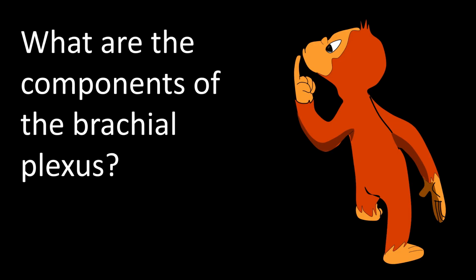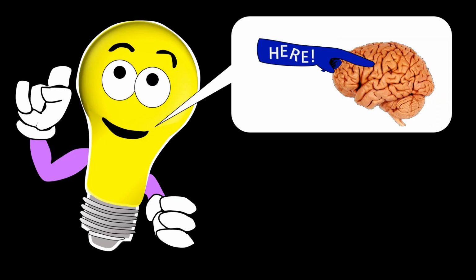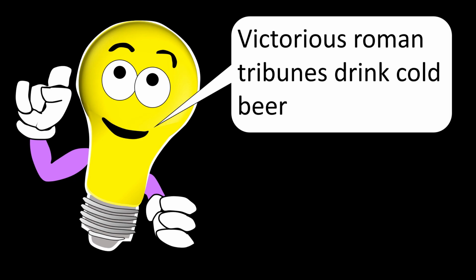The fifth question is, what are the components or elements of the brachial plexus? To remember the components of the brachial plexus, I will introduce a statement. The statement is, victorious Roman tribunes drink cold beer.